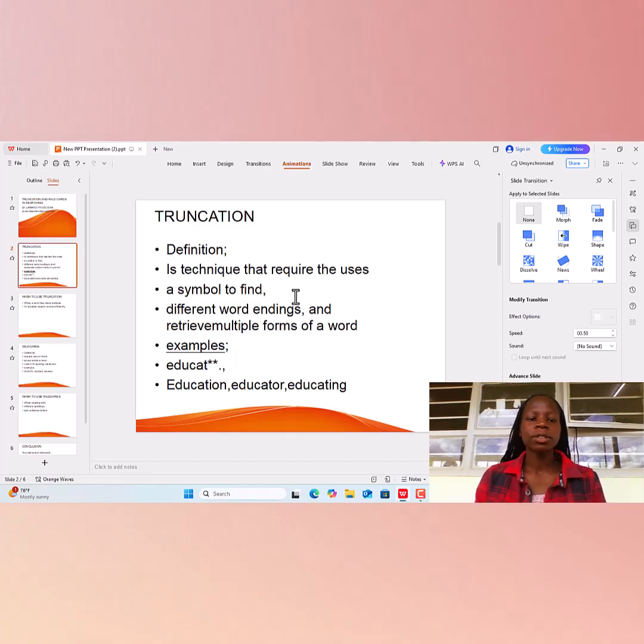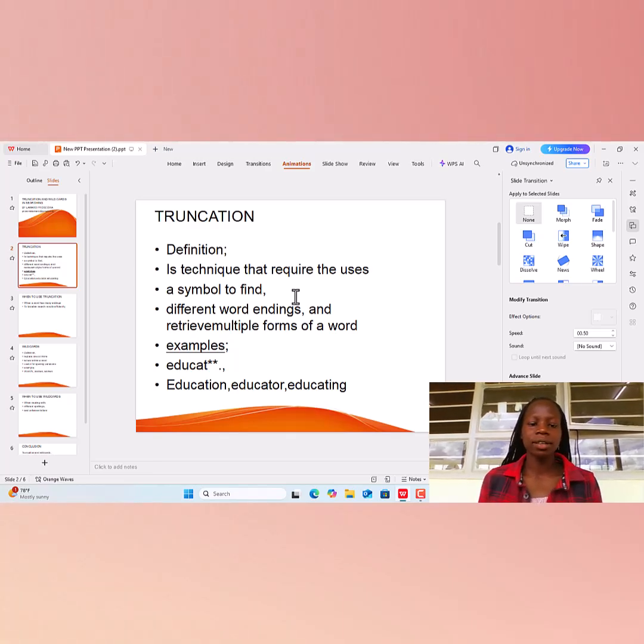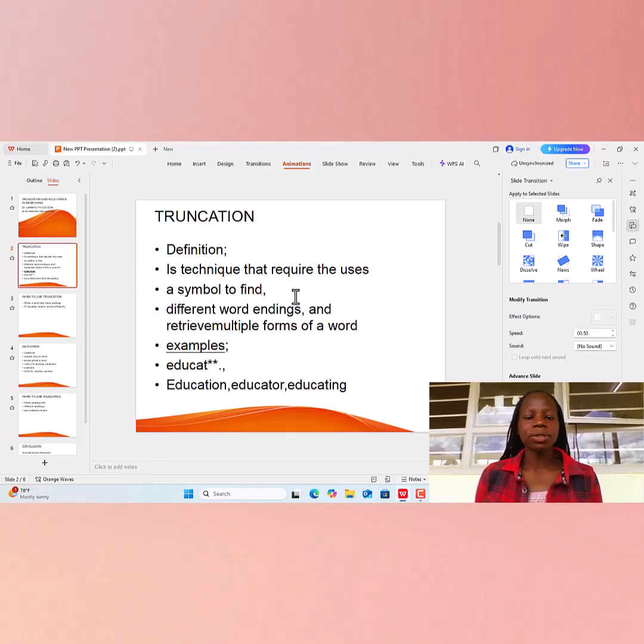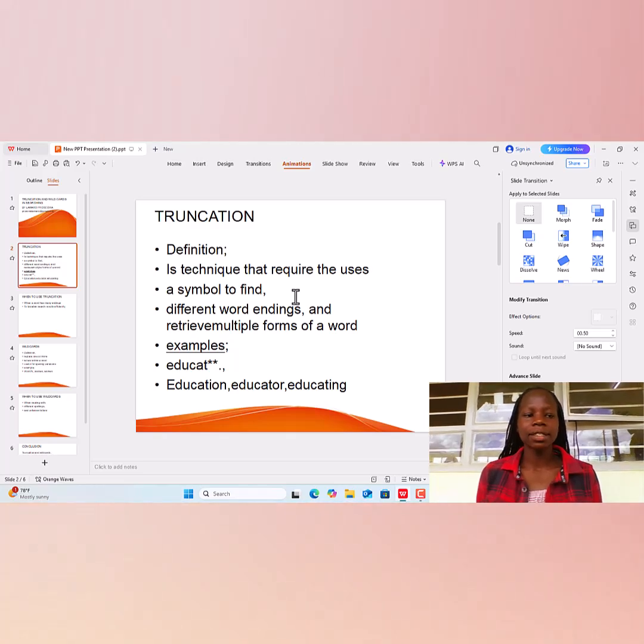By definition, truncation is a technique that requires the use of a symbol to find different word endings and retrieve multiple forms of a word. When we say you use a symbol to get different word endings and retrieve multiple forms of a word.